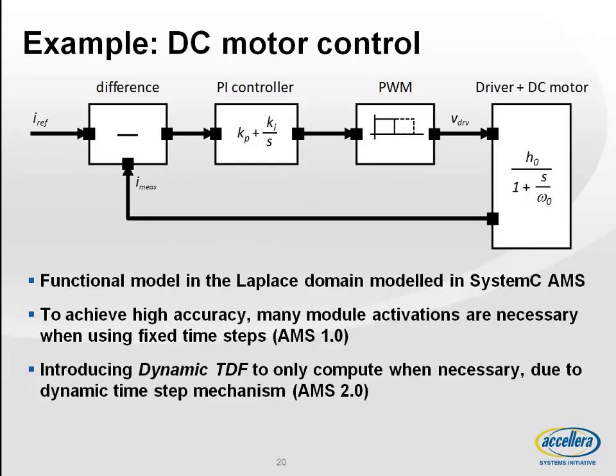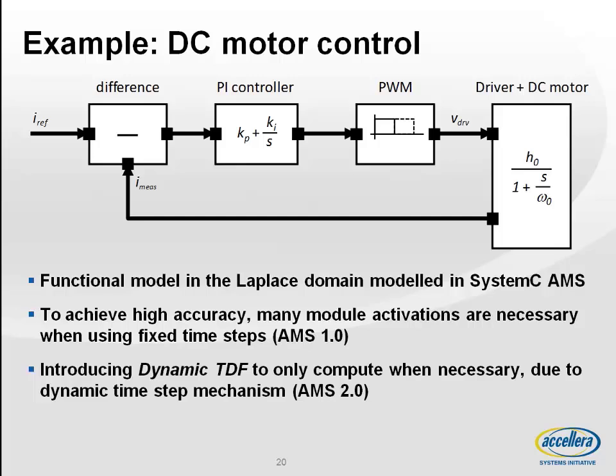So for instance, here is an example of a motor control system. We basically have a system with a loop, where there is a control block, a pulse width modulator, and the description of your DC motor. At the end, in this type of control loop you have to define very accurately how your pulse modulation works, what the duty cycle is.